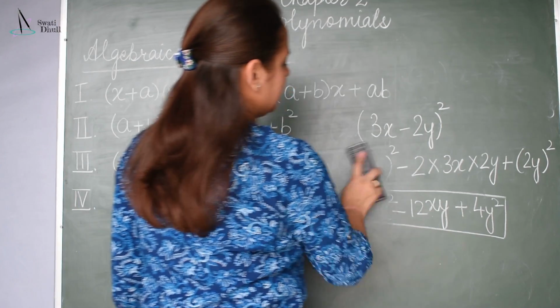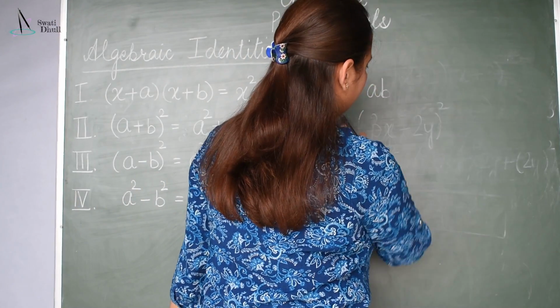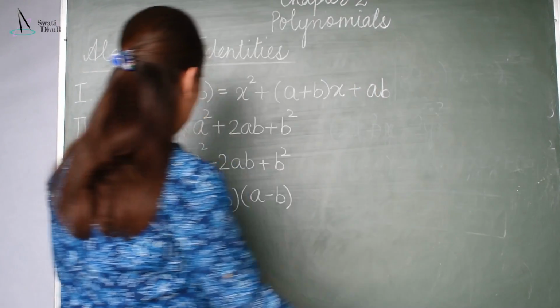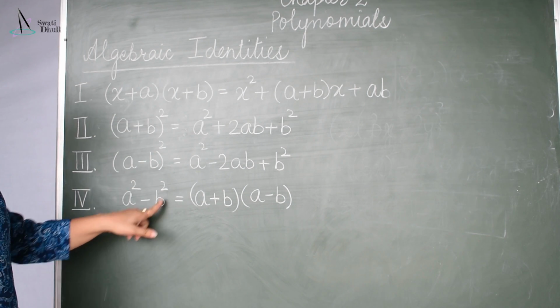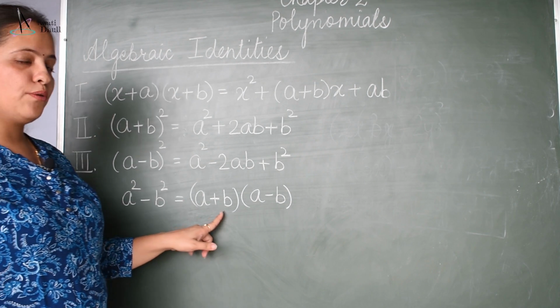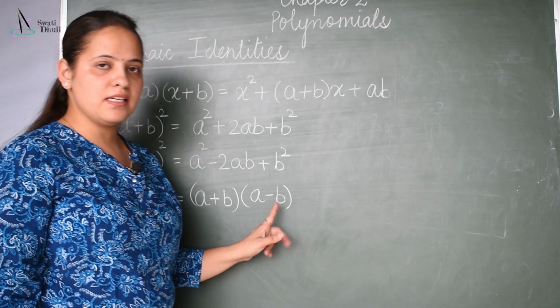Now the next identity is a² − b² = (a + b)(a − b).